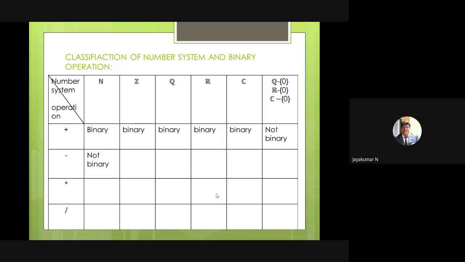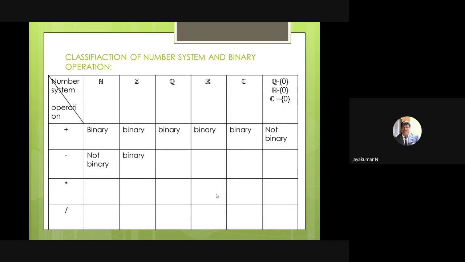By using integers, can you get a rational number? That is not possible. Choose any integer, subtract another integer, and you definitely get an integer, which may be positive, negative or zero. Z contains zero, negative integers and positive integers. Definitely minus is binary in Z.